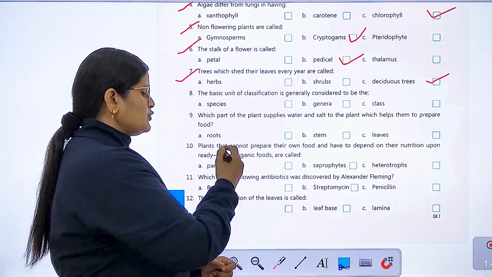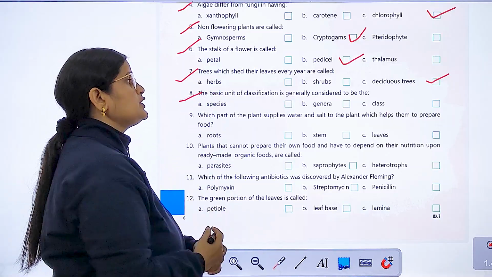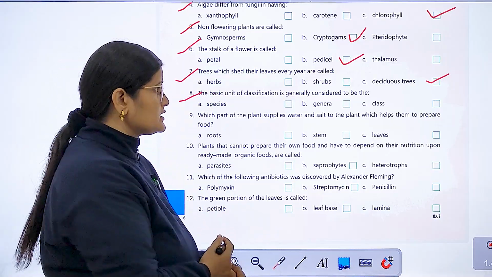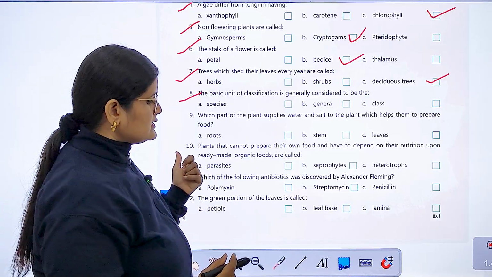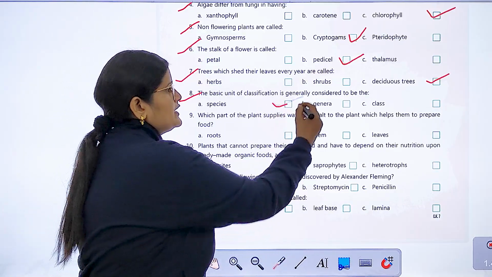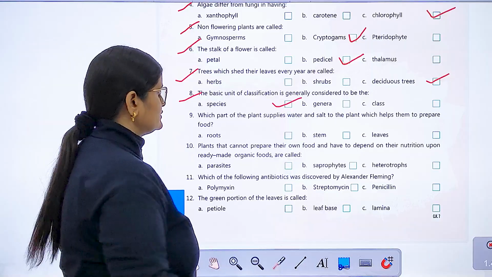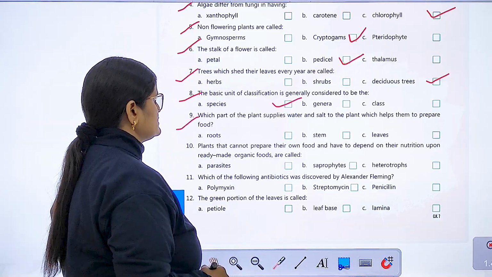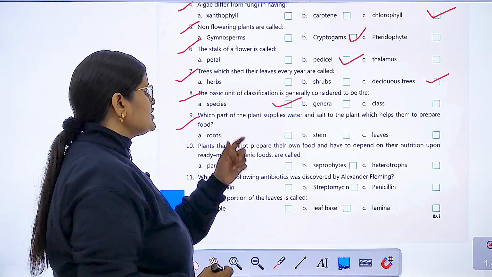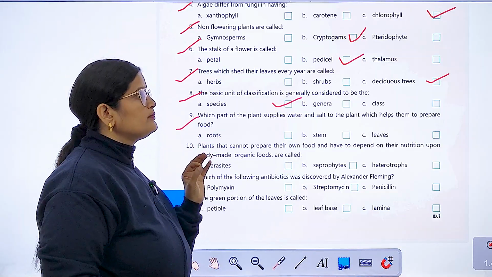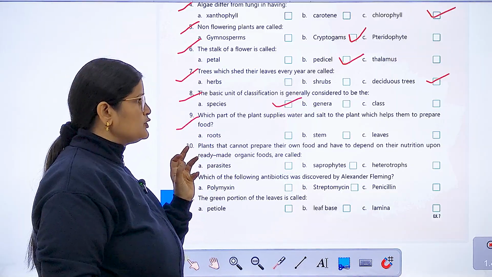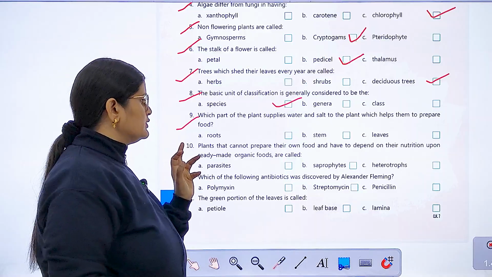Number 8, the basic unit of classification is generally considered to be the, so the answer is option A, species. Number 9, which part of the plant supplies water and salt to the plant which helps them to prepare food?